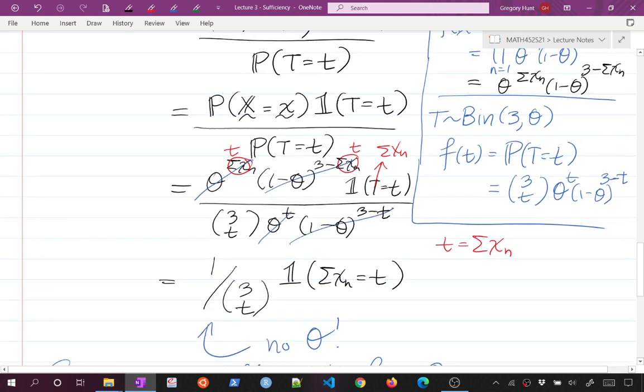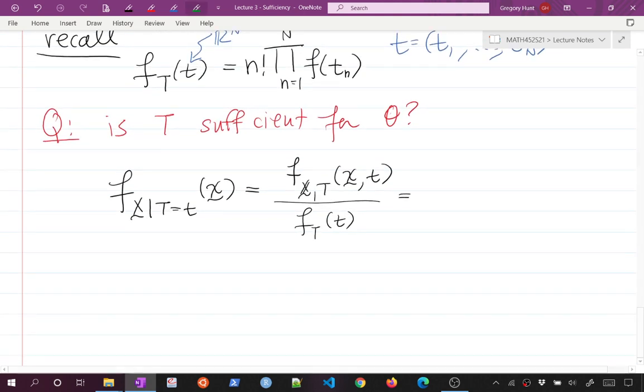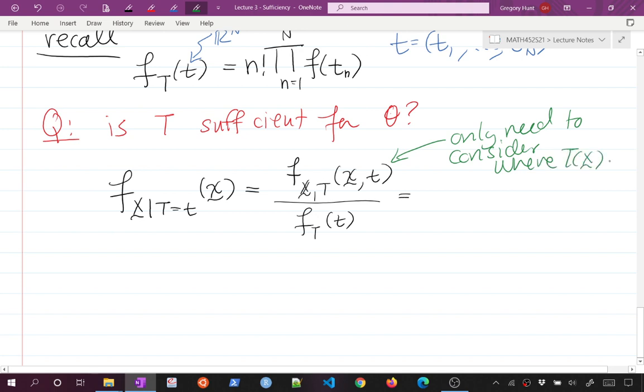Basically, you only need to consider where T of little x is little t, because otherwise it's 0. It's just not going to matter.